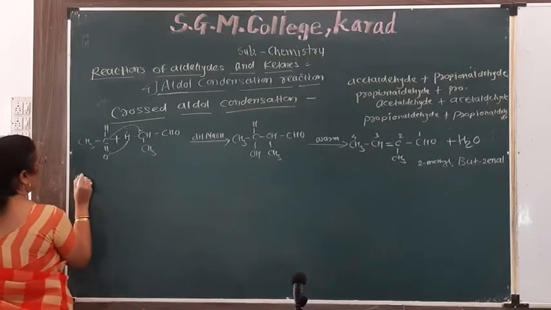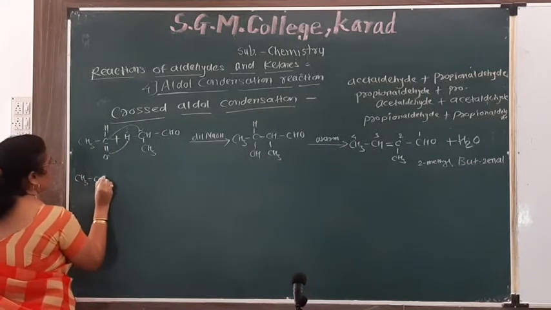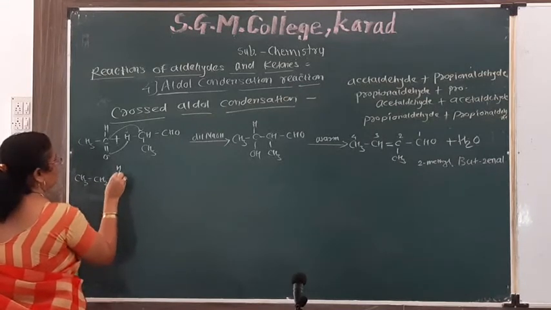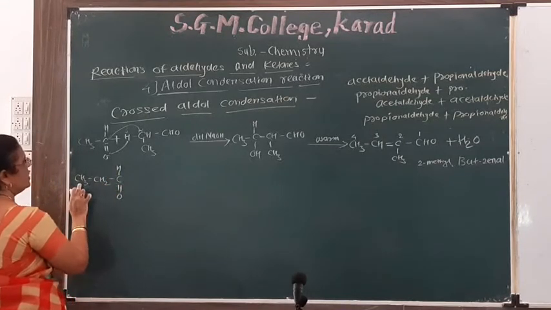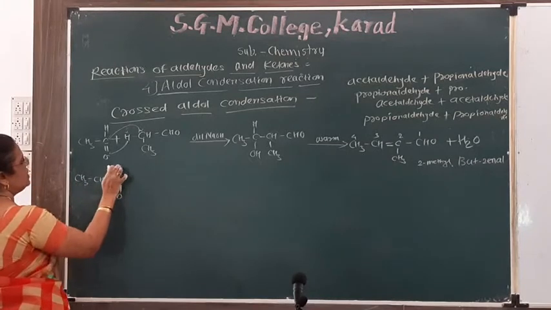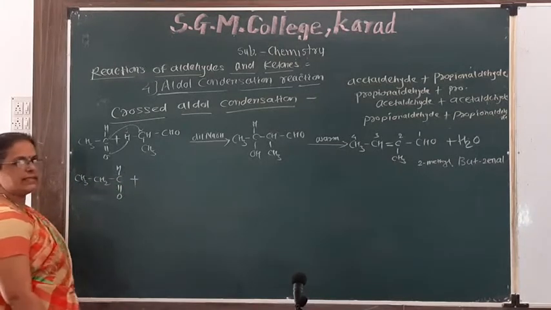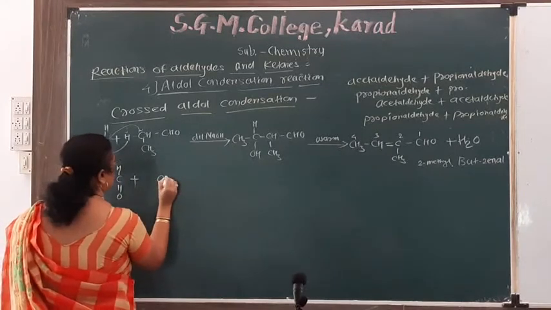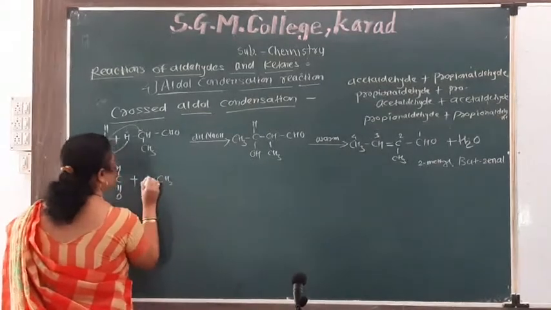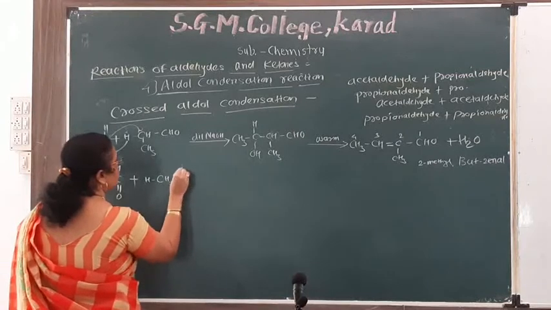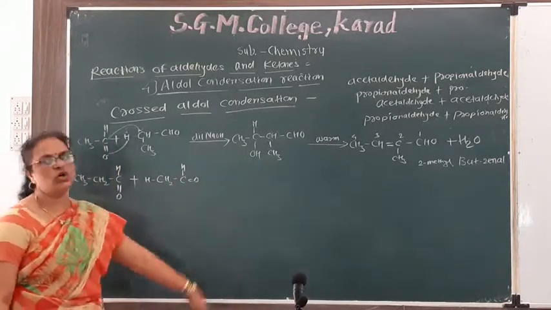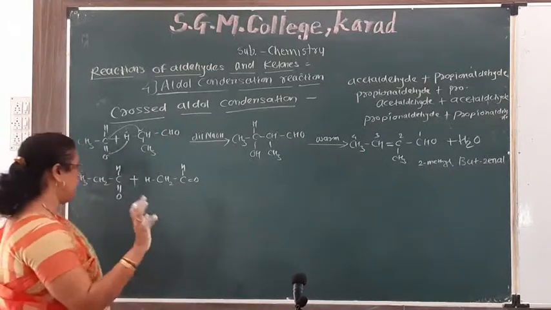Propanaldehyde formula is CH3CH2CHO plus acetaldehyde. Acetaldehyde formula is CH3CHO. This is the formula of acetaldehyde.